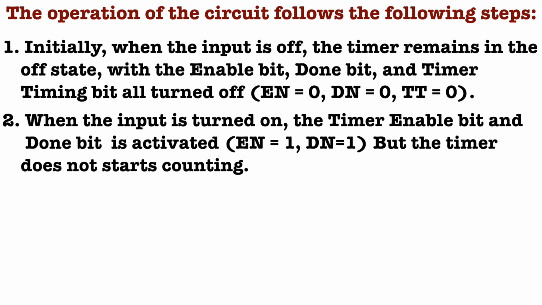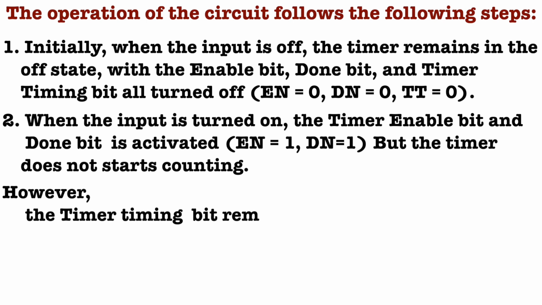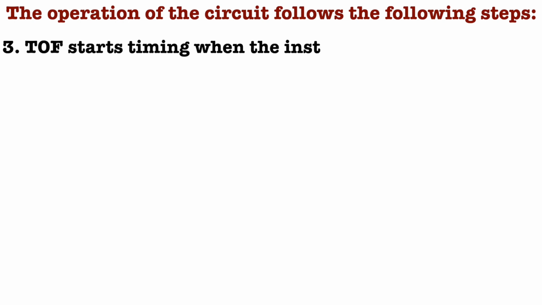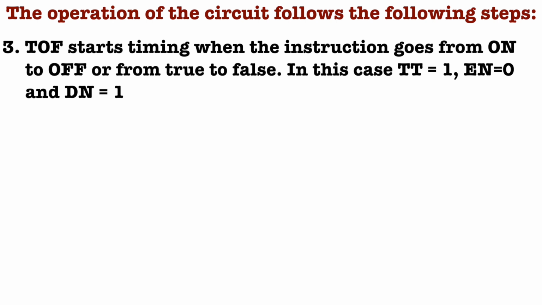But in this case, our timer does not start counting. The timer timing bit remains in the off state, that's why TT equals 0, right? In the next step, the TOF, the off-delay timer, starts timing when the instruction goes from on to off, or from true to false.